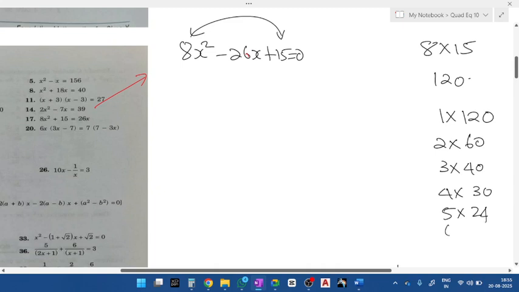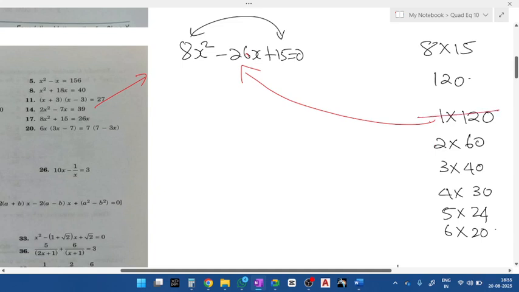Okay, 5. 6 into 20. Keep checking as you solve. Check the combination, students. As you solve, just check 1 into 120. Are we getting minus 26, Charisha? How come 1 into 20? No. Next, 2 into 60.